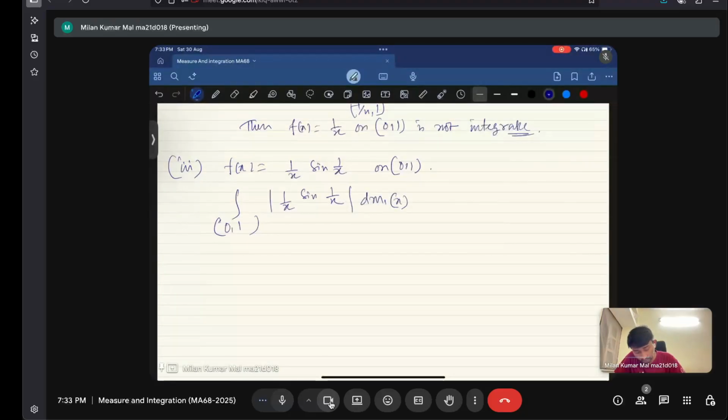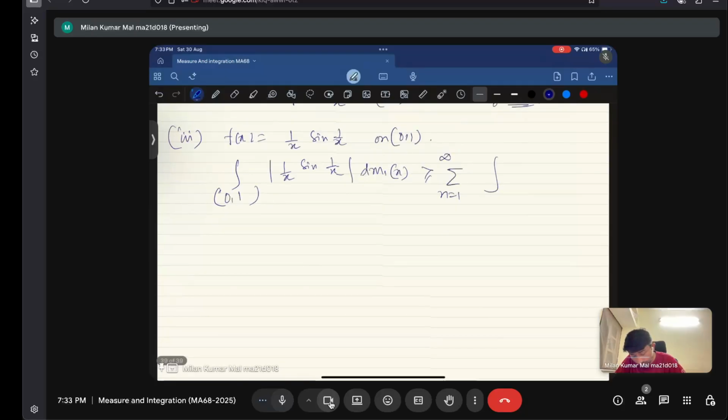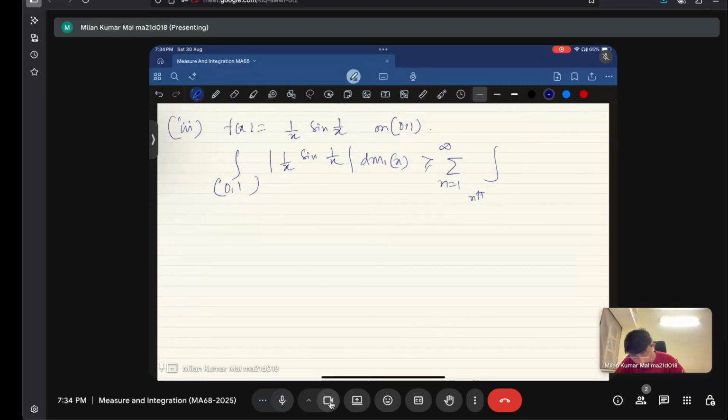And this can be written as, we are breaking this (0,1) interval into many intervals, the sum over n equals 1 to infinity of the integration over 1 by n pi plus pi by 2 to 1 by n pi plus pi by 4.